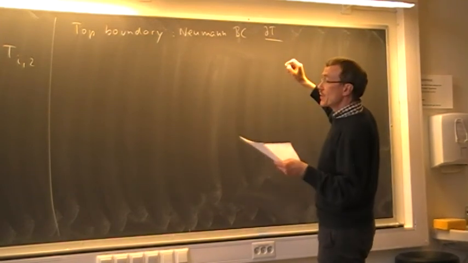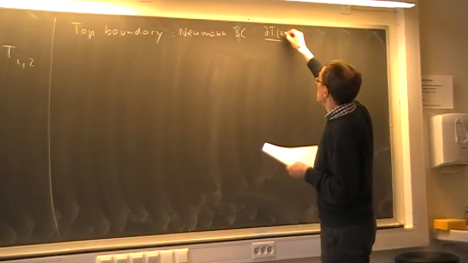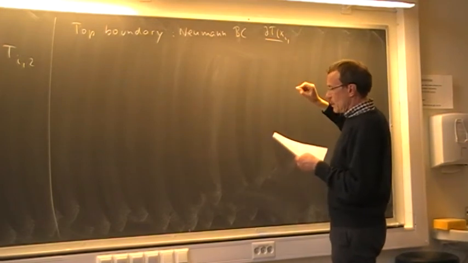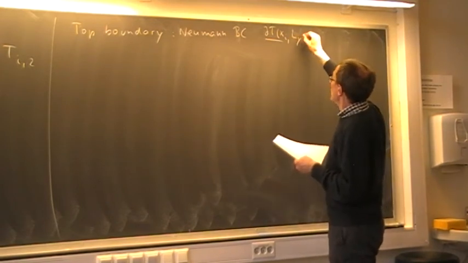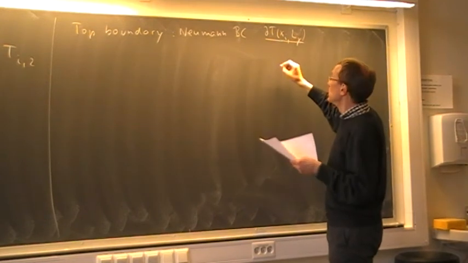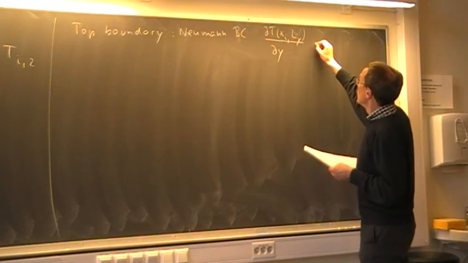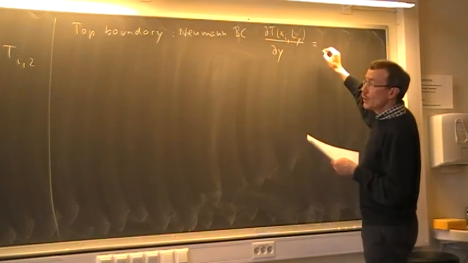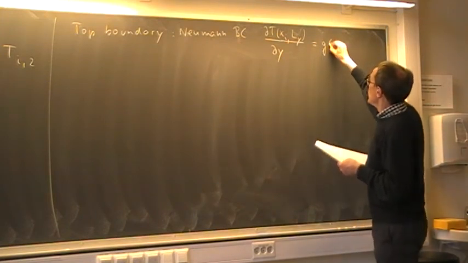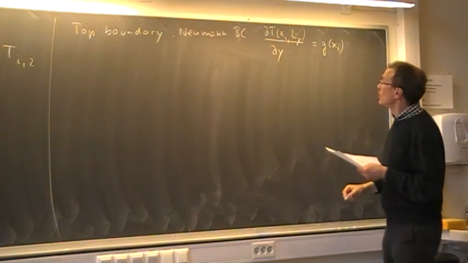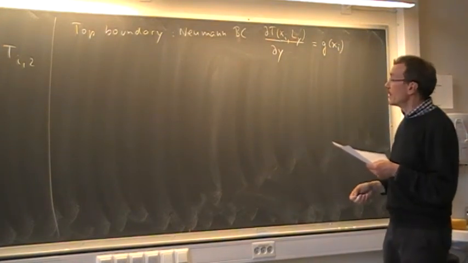Now we are specific. We say it is at xi, and the upper location was Ly in the task. dT/dy is equal to a given g of xi. So that is the condition that we have there.